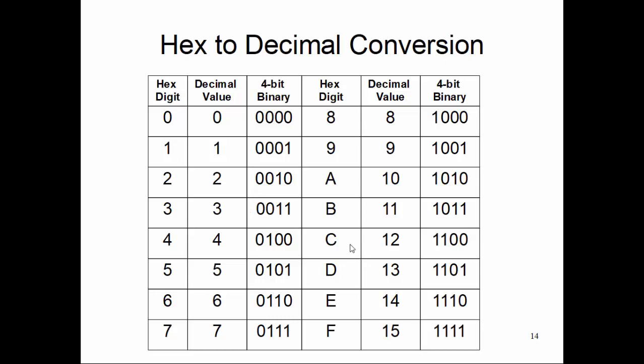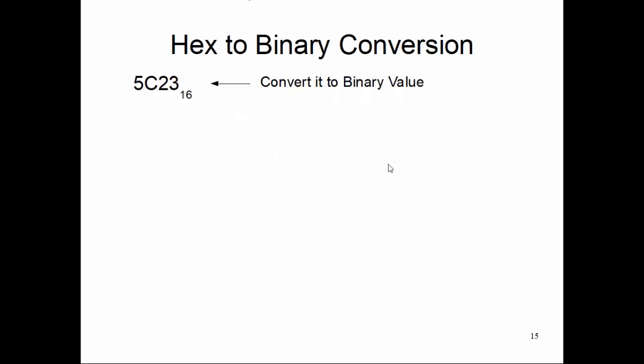Here is C, the corresponding binary pattern is 1100, 5 is 0101. So we'll be using this table to convert this sequence of hexadecimal symbols into corresponding binary symbols, and each symbol will be converted into 4 bits.